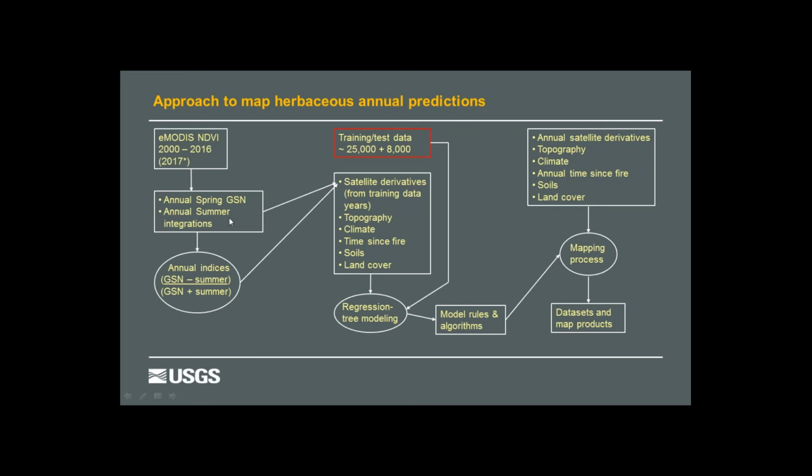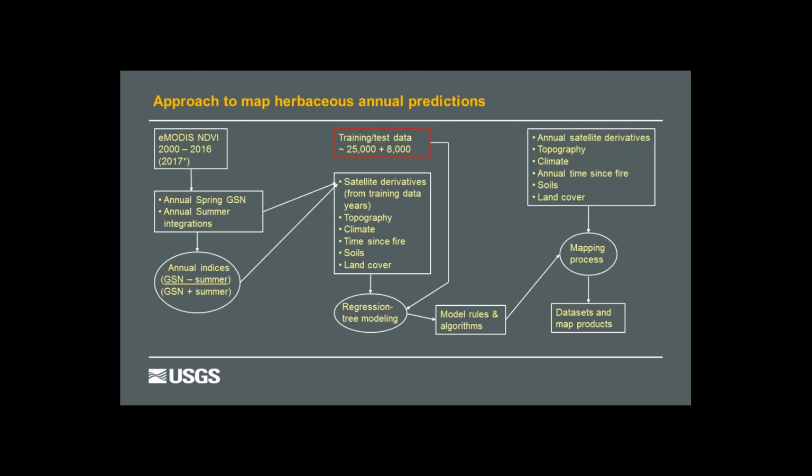We also develop another spatially dynamic data set. That's our annual summer integration right over here. And that's where we look at the NDVI signal from the middle of June to the middle of July. And again, we take an average of those 5 values, and that becomes our summer integration data set.